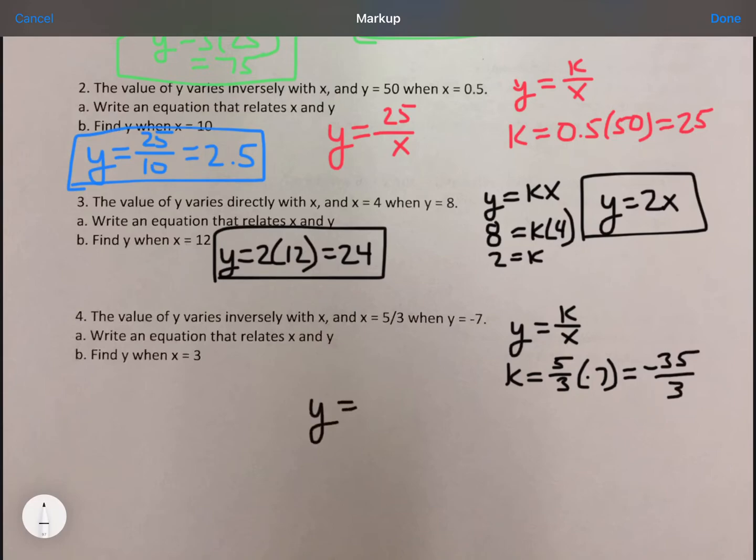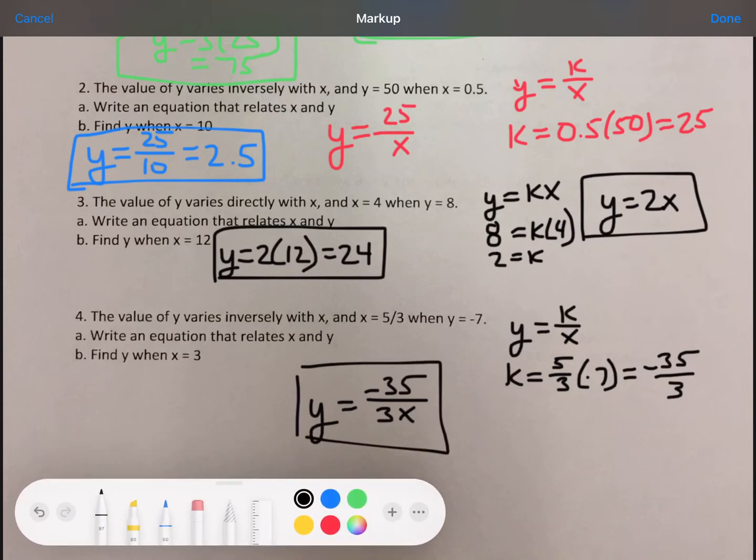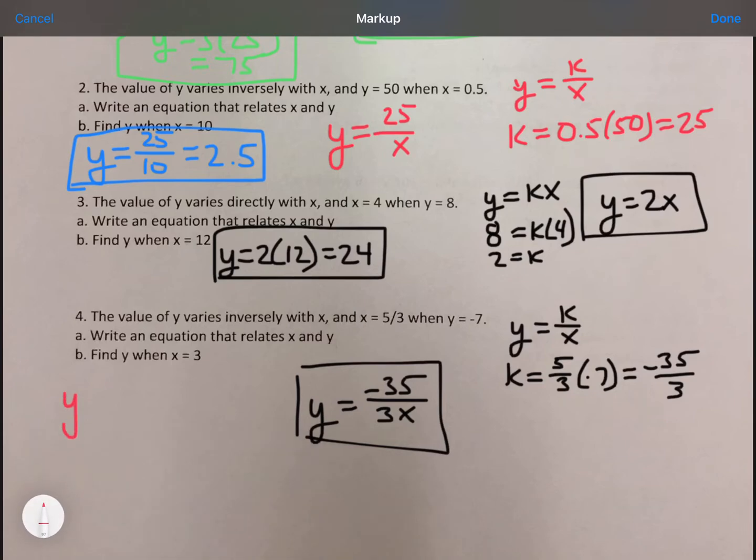So y equals -35 over 3x. So there's our equation. And when we solve it, find y when x equals 3, y equals -35 over 3 times 3, which is -35 over 9.